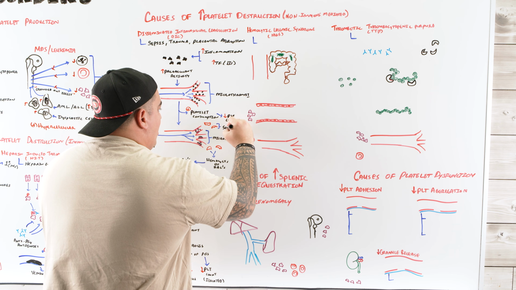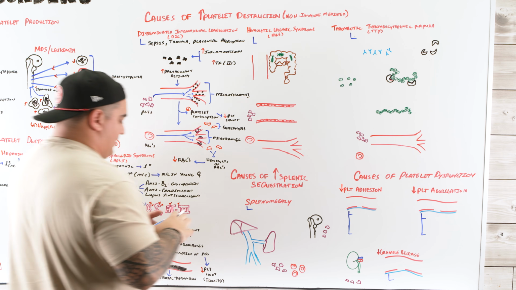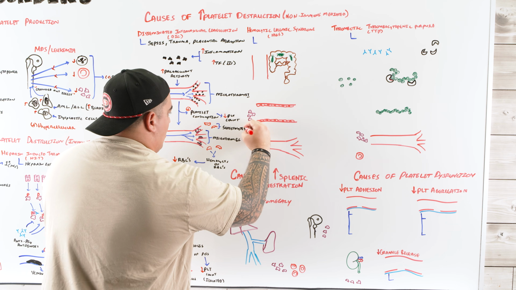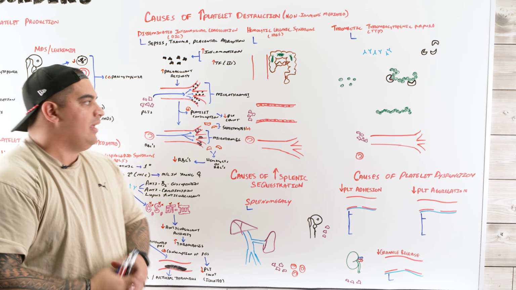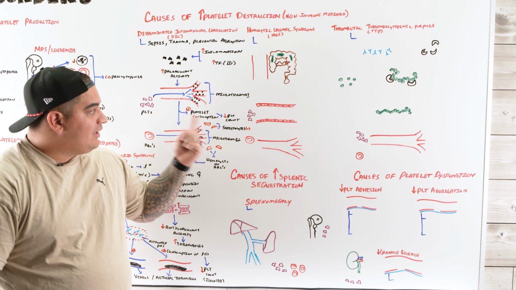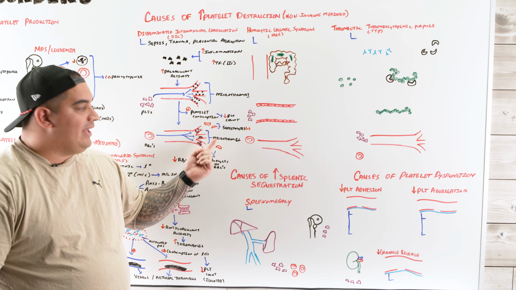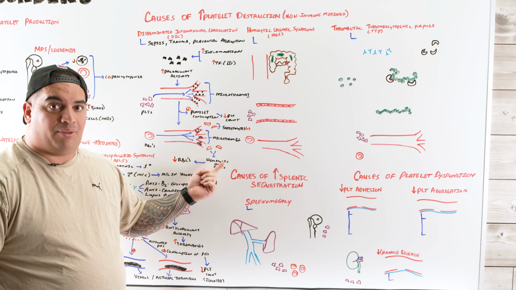So a patient who comes in who is really, really sick, maybe sepsis, right? Maybe a trauma, maybe an obstetrical complication like placental abruption. They get microthrombi all over. And then on top of that, they consume platelets to make those microthrombi, and then they chew up red blood cells from those microthrombi.